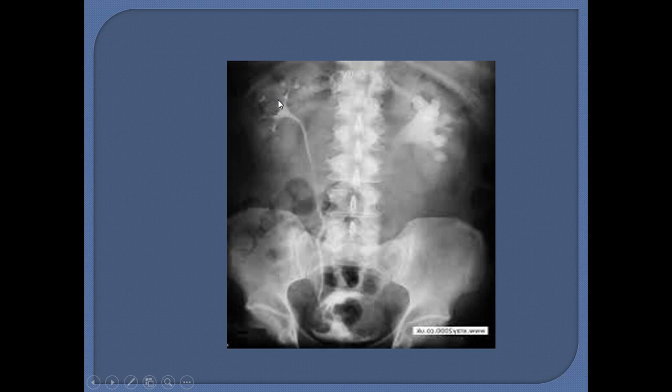This is the contrast study again, IVP, intravenous pyelography, in which we give urographin and we evaluate the function of the kidneys. On the right side we can see the normal pattern of papillae and calyces.